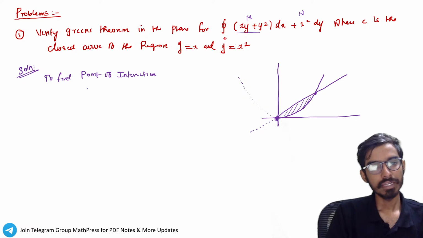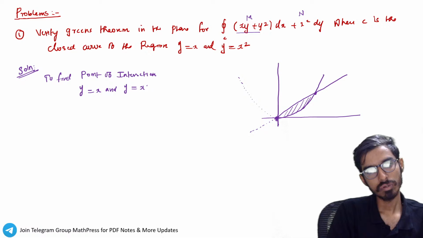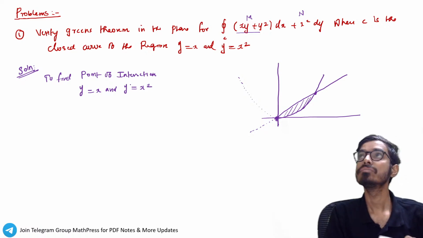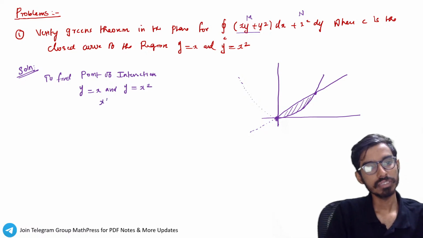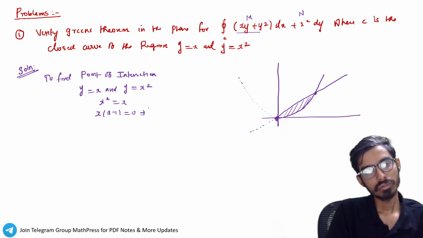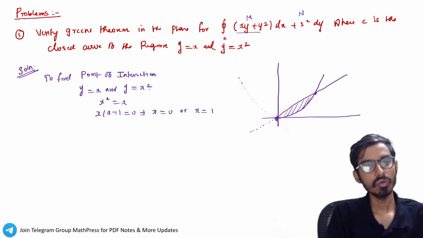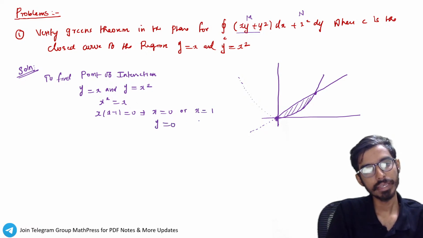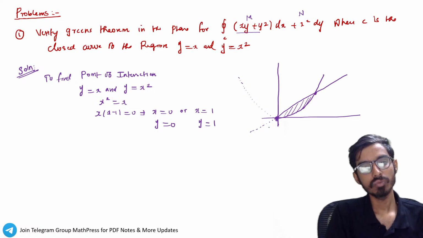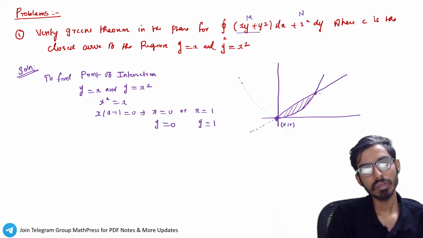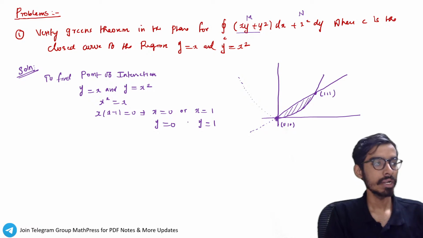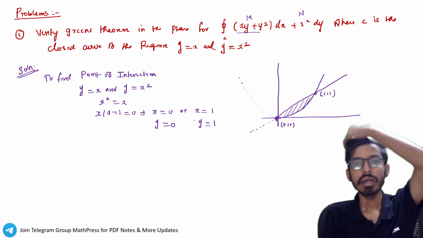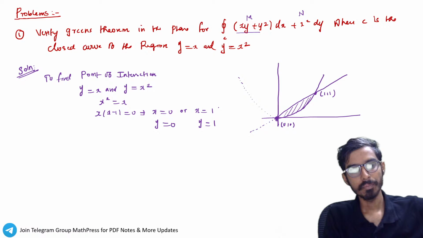You just solve this. That means x square is equal to x. So x is equal to 0 or x is equal to 1, and we know y is equal to x square. So 0 square is 0, 1 square is 1. Therefore this point is 0, 0 and this point is 1, 1. So 0, 0 and 1, 1 are the points of intersection.